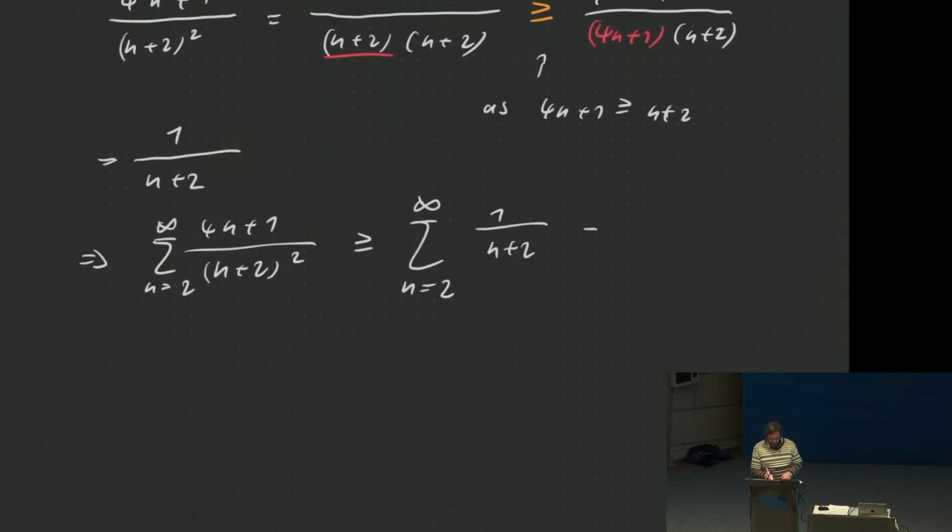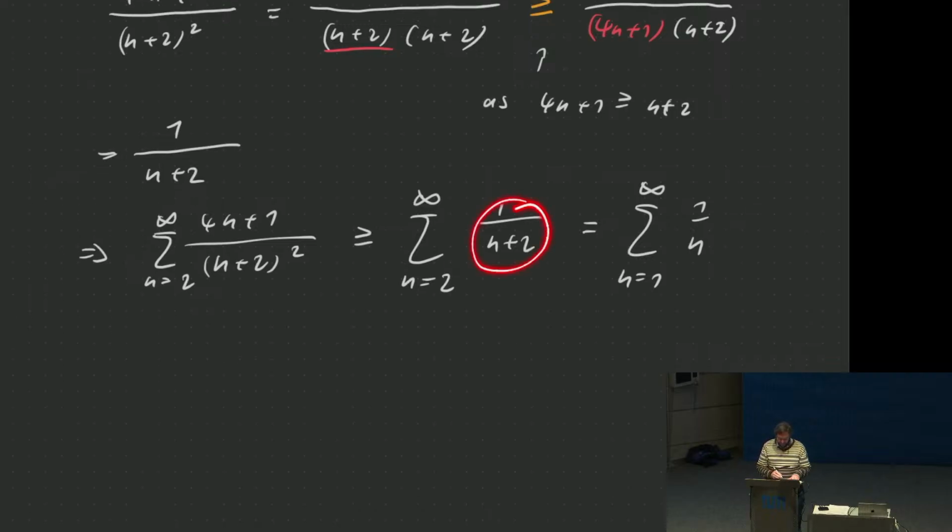Okay, and that is almost the same as the harmonic series. Remember, it looks like this here, from 1 to infinity, 1 over n. There's just a little difference in a couple of summands. So here we start with n equals 2, so we start with 1 over 4, then we have 1 over 5, 1 over 6, 1 over 7, and so on.